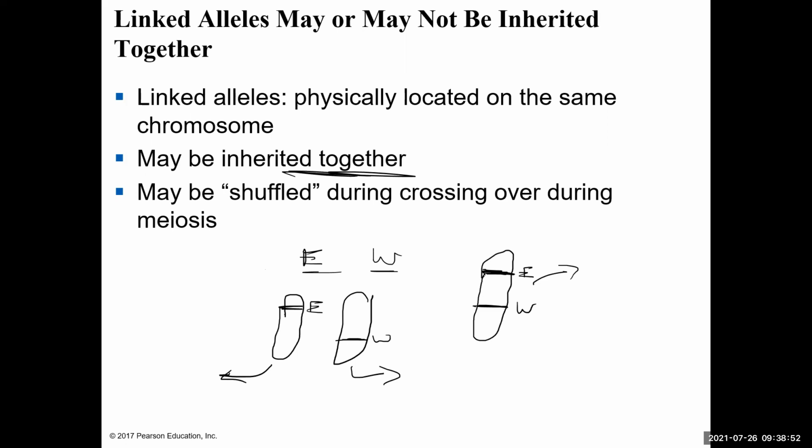But if you remember, crossing over happens in meiosis, and crossing over is when you graft genes, so they actually can be separated. So let's say this portion's grafted onto another gene that has the lowercase e, and so now you have a lowercase and a capital, and that crossing over can cause them to be switched and not linked anymore.